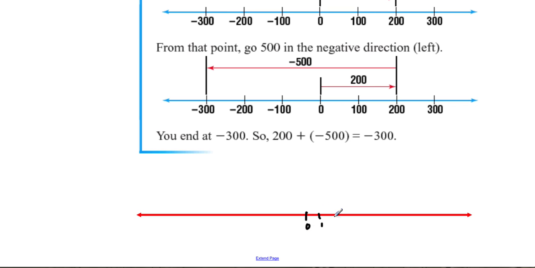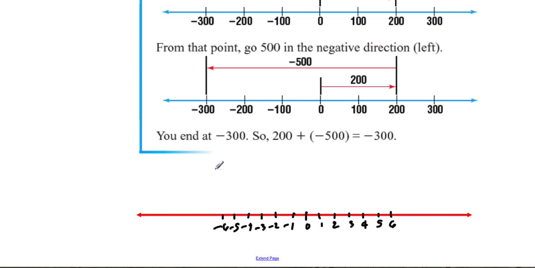So 1, 2, 3, 4, 5, 6. And this is negative 1, negative 2, negative 3, negative 4, negative 5, and negative 6.